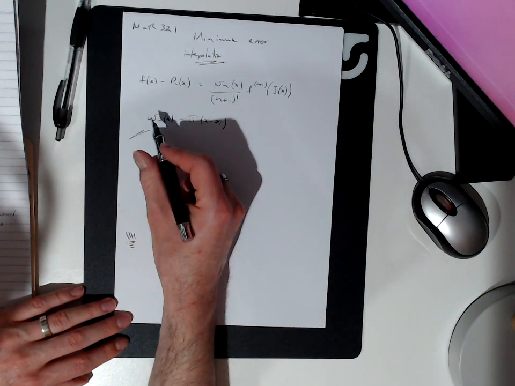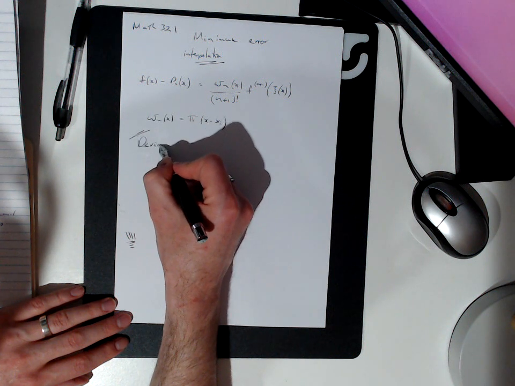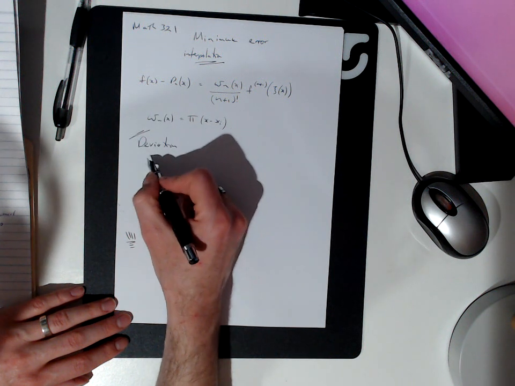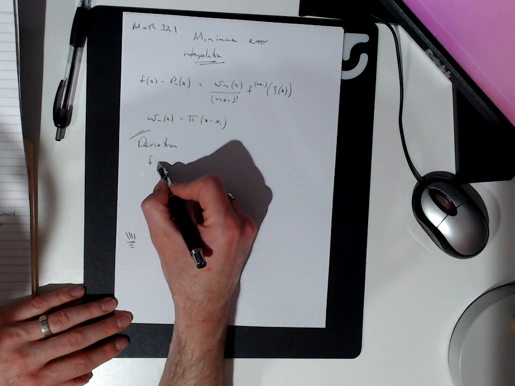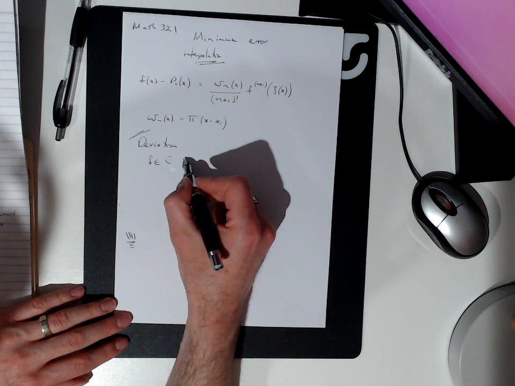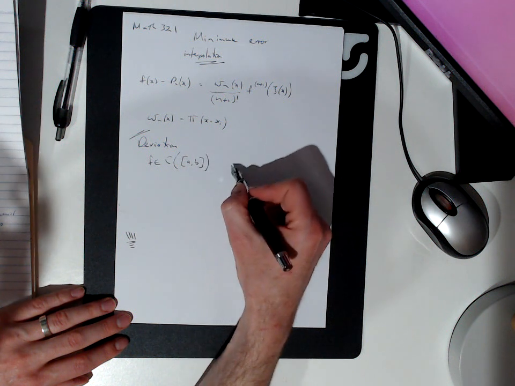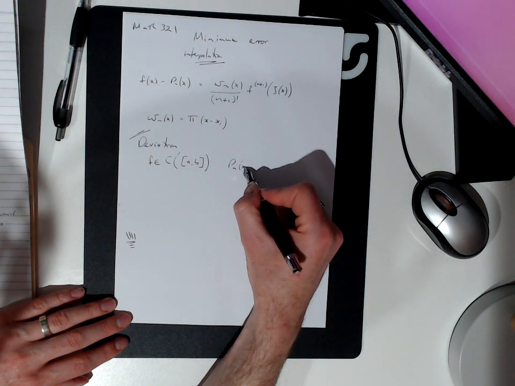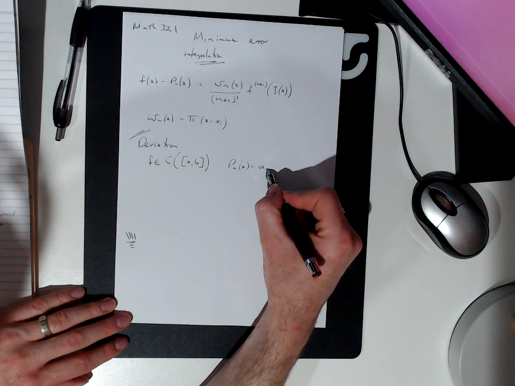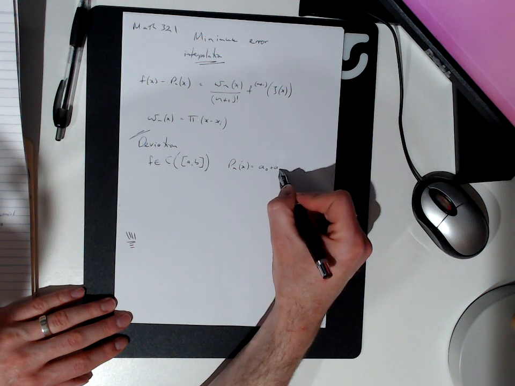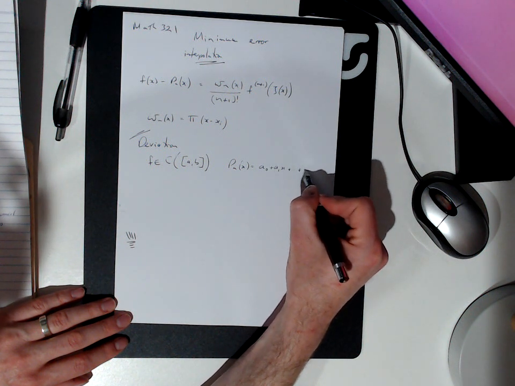Right. So I'm going to talk about the deviation. Let f be a continuous function over some interval into the real numbers, and I'm going to have Pn of x, a polynomial. So it's going to be something that looks a little bit like this.